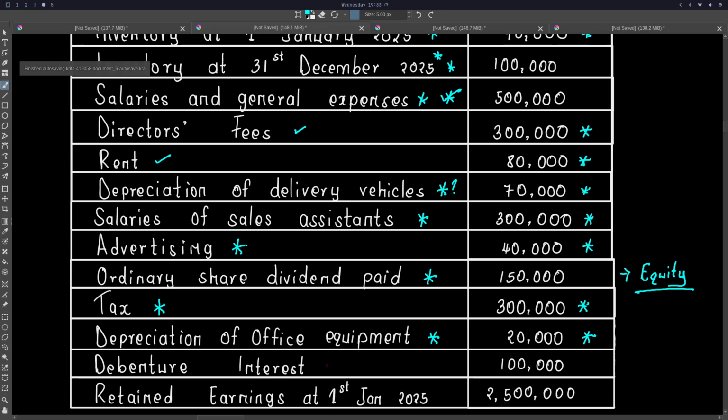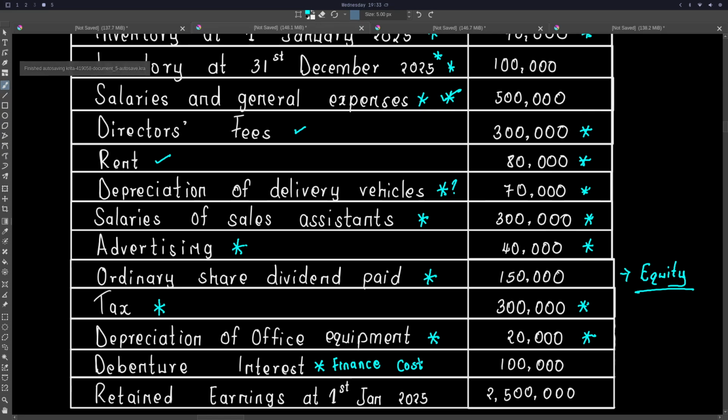Then what is next? Debenture interest. This is just a finance cost. A debenture is more of a loan, a type of long-term loan, okay? The business is incurring the interest. They are paying interest on this loan. So this is a finance cost to the business.